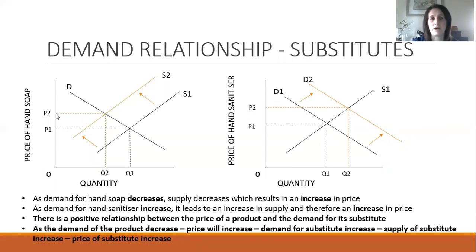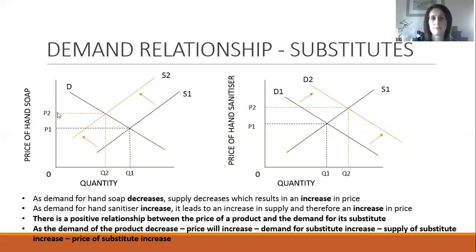Because businesses are now supplying less, they need to charge more to recover the same amount of money for that product. And if you look in the shops, the prices have increased over the last couple of weeks. So as the demand for hand soap decreases, the supply also decreases, and that leads to an increase in price.